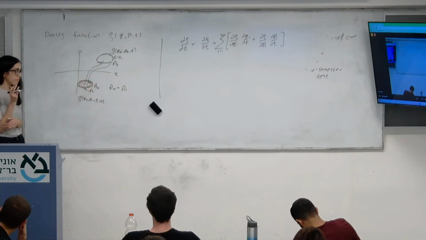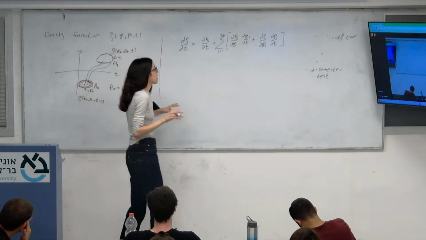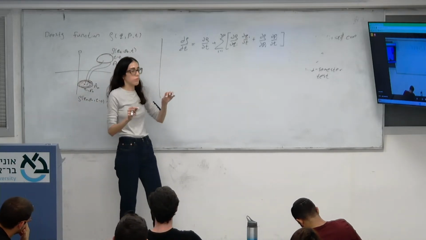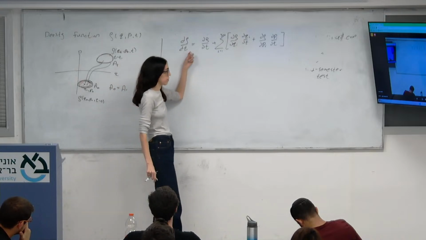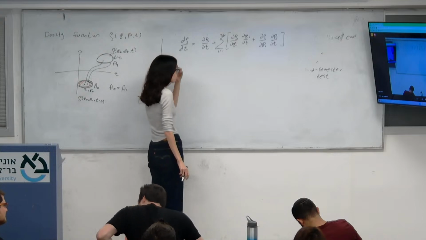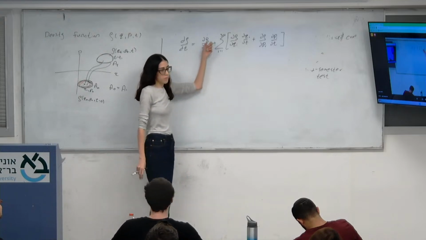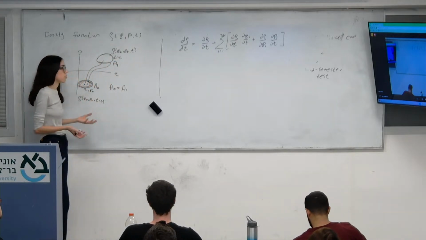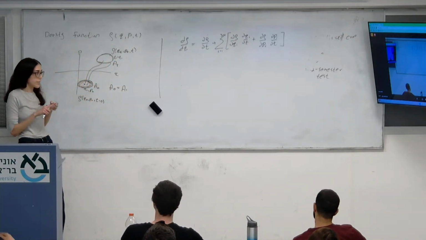This is the only time in the course that we're going to acknowledge the difference between partial derivative and full derivative. The partial derivative means that rho can depend on time. So I have rho as a function, depending on q and p and t.